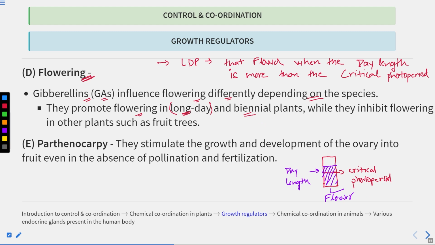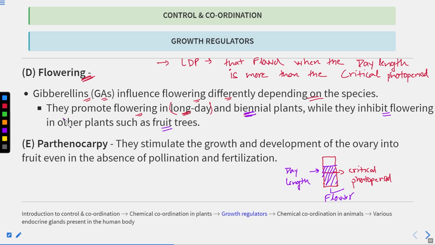And biennial plants also. So what are biennial plants? They complete their life cycle in two stages. In the first stage there will be vegetative growth, and in the second stage reproductive growth starts, so flowering will start. But gibberellic acids inhibit flowering in other plants such as fruit trees.